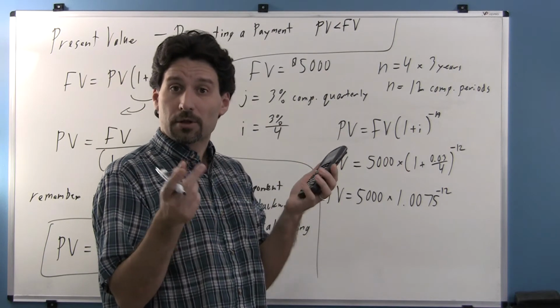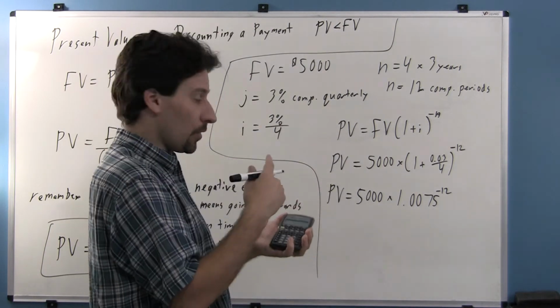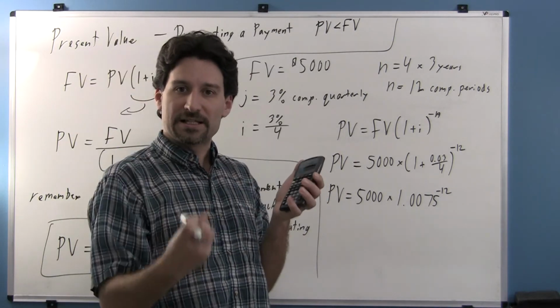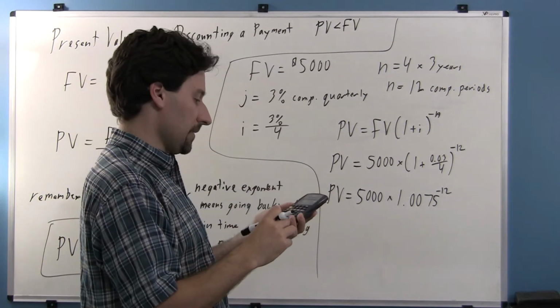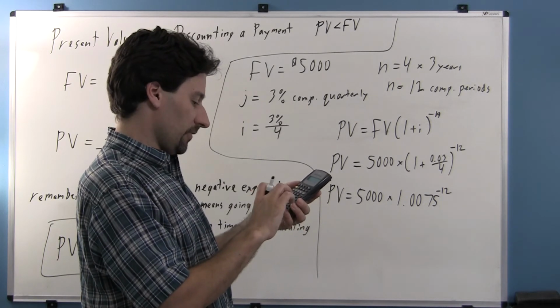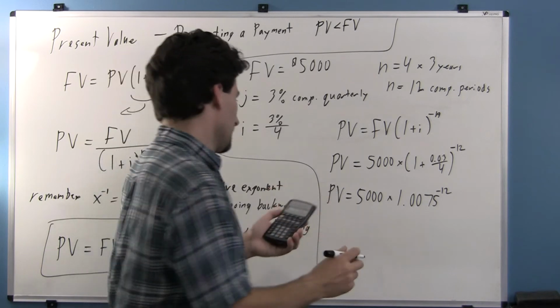Again, we're looking for a number less than 1, because we're multiplying by a smaller factor to discount it, to have a smaller amount of money. And then times 5,000 equals.